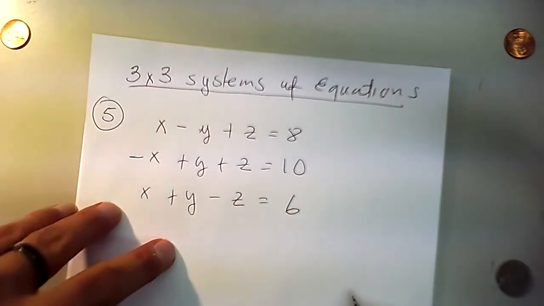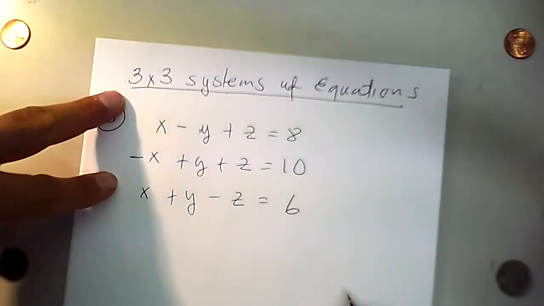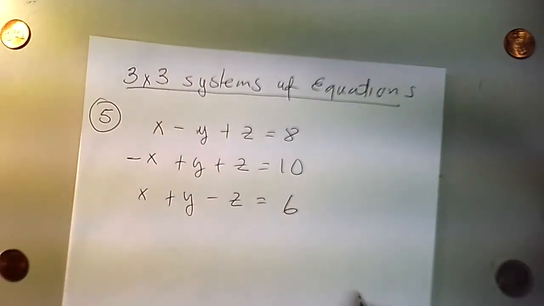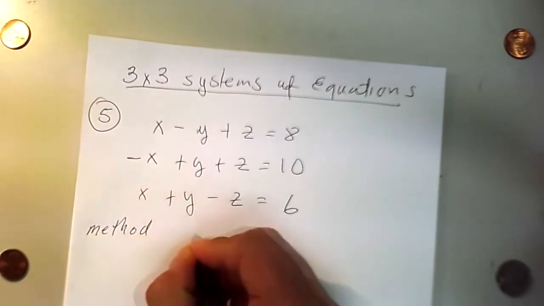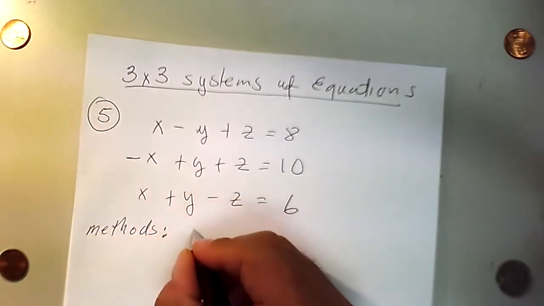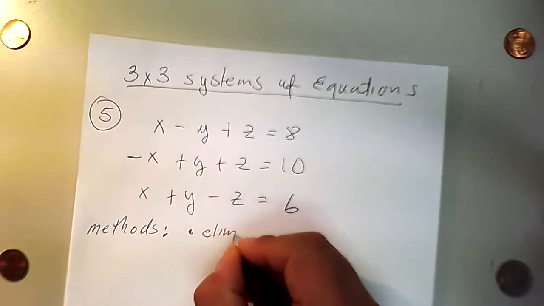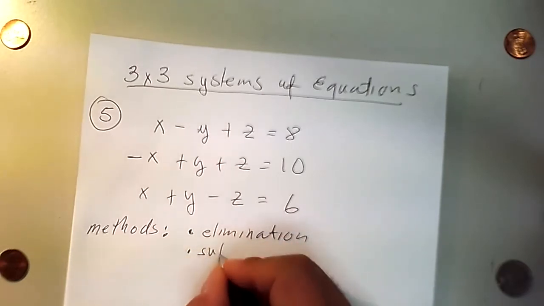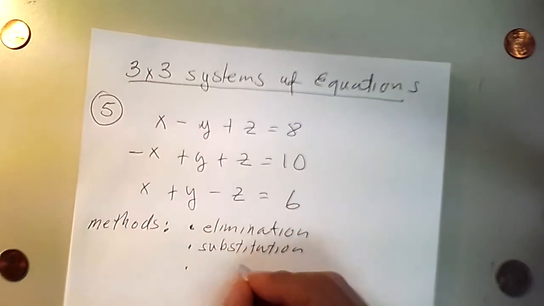Now, there are a couple of methods. One method is elimination, which is preferred. The other method is substitution. So the methods that we have available at this point are elimination, substitution, or a combination of both.